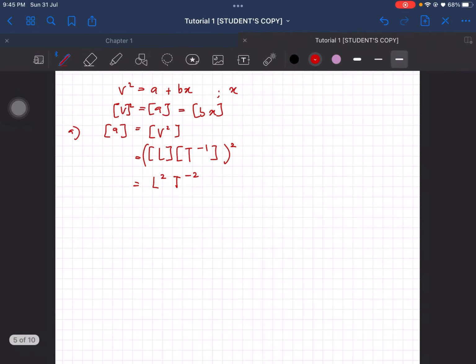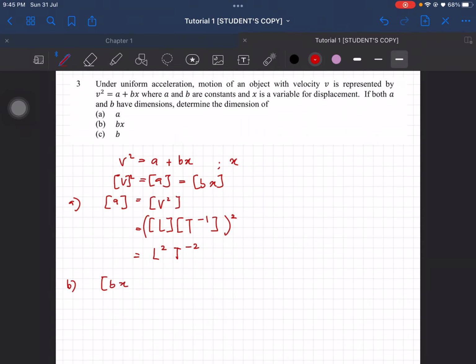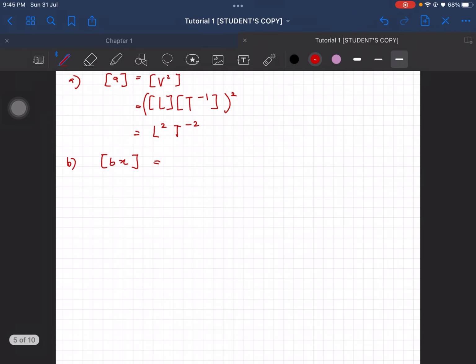Right? And then for question b, we are going to look for the dimension of bx. Okay, so the dimension of bx is equal to a. So it is equal to a, where a is equal to L square t negative 2.